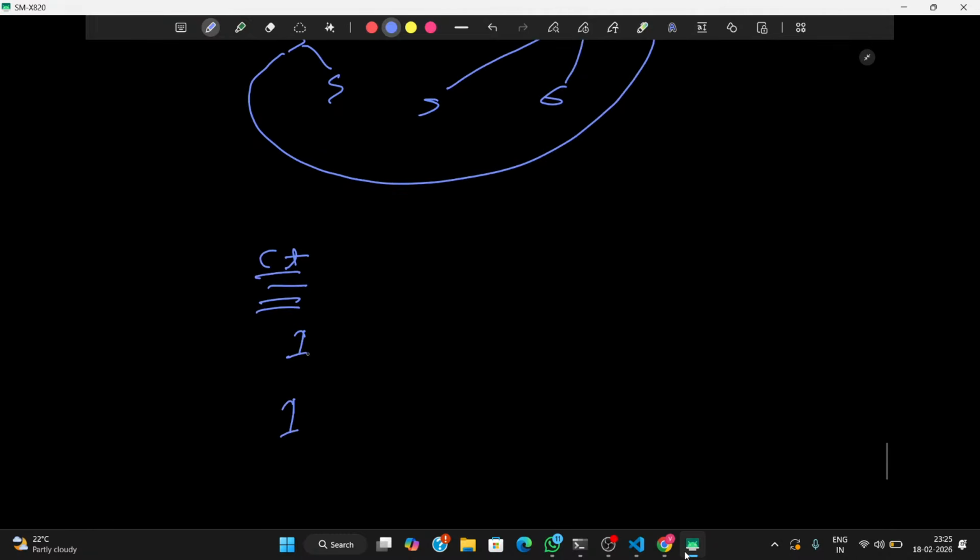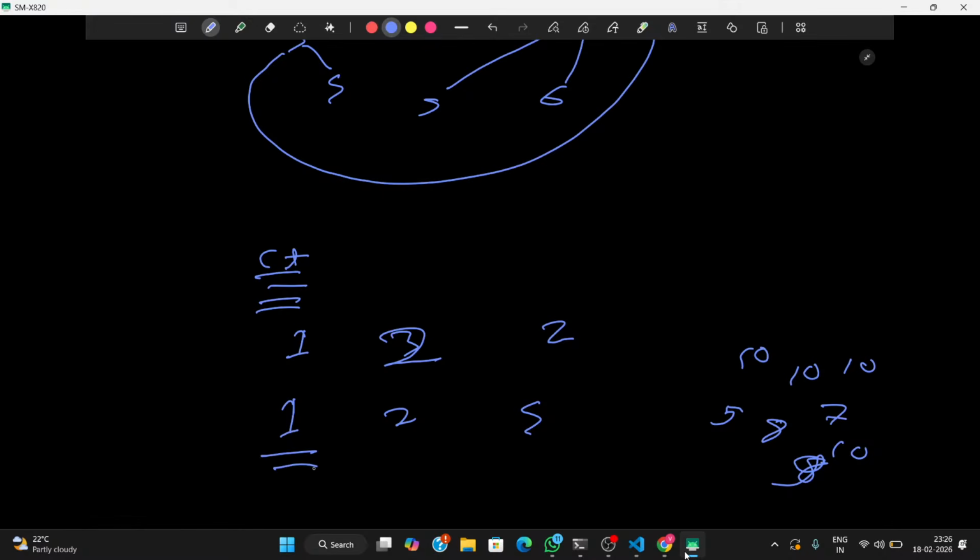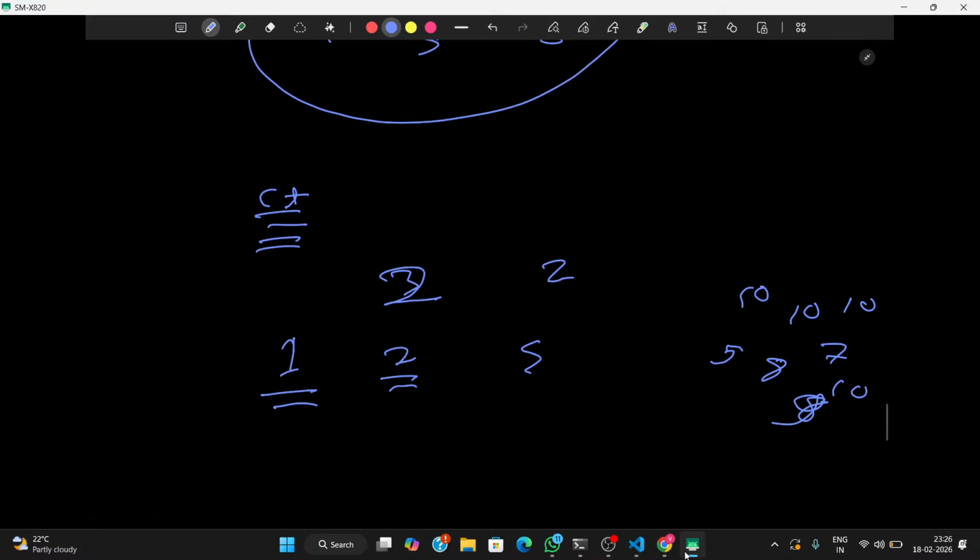Suppose one has one edge, two has two edges, then there is four, and four has also two edges, and then there is five and seven, and eight and nine also that have some like 10 edges, right? So if you start from one, you can take this first edge and use it to connect two in our component. Okay. So now the one is gone.